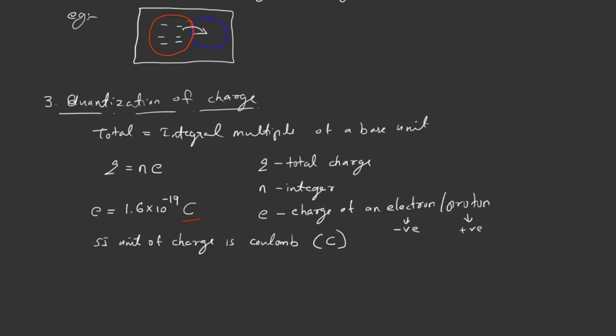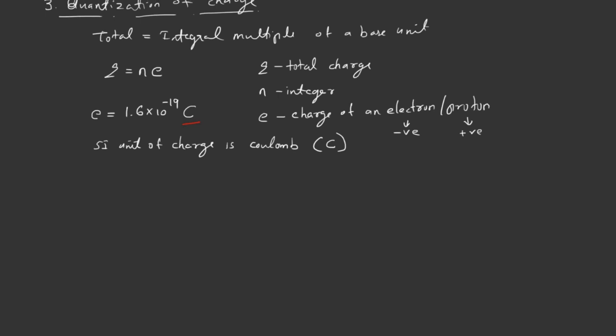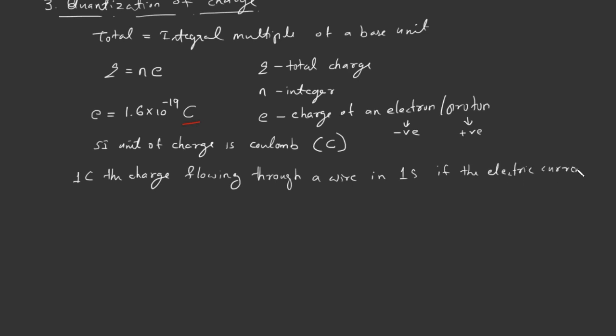This SI unit is defined in terms of electric current. So 1 Coulomb is the charge flowing through a wire in 1 second, if the electric current in it is 1 ampere.